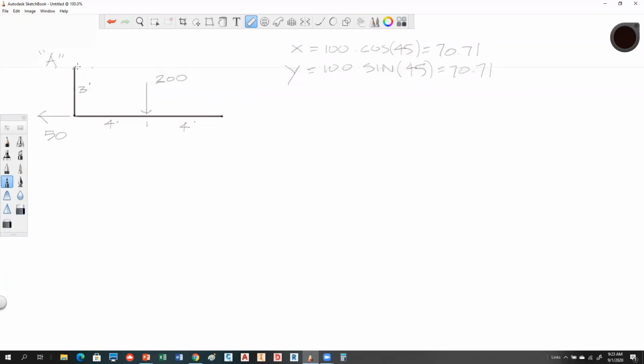Okay, so I can replace that with its horizontal and its vertical component. And they both happen to be the exact same number. So we got this now. This is 70.71. And this is 70.71. Okay, so that's step one in the process.